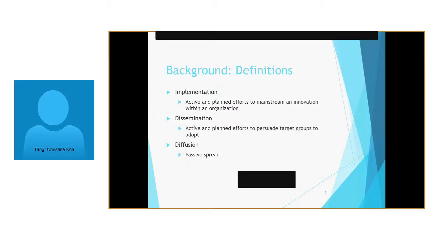And then eventually I will end up building an agent-based model, most likely, to understand the diffusion process of these psychotherapies within the VA. And that's why I'm interested in diffusion or implementation in this aspect, because this is a planned effort within an organization, if you want to go by the definition of implementation scientists.